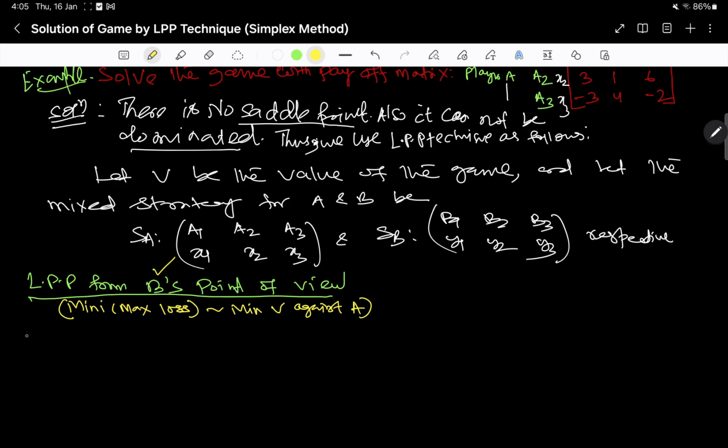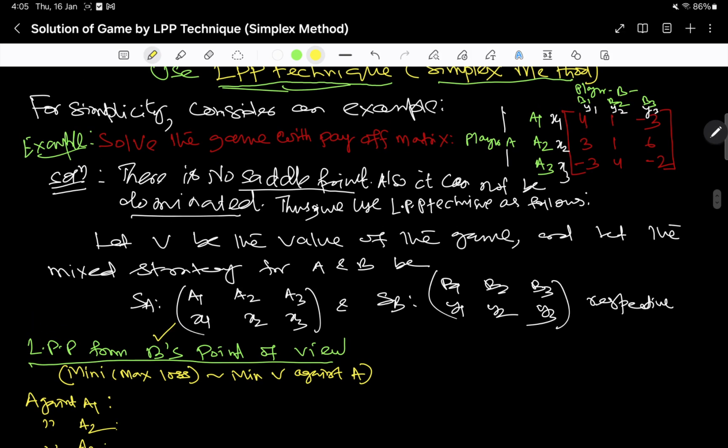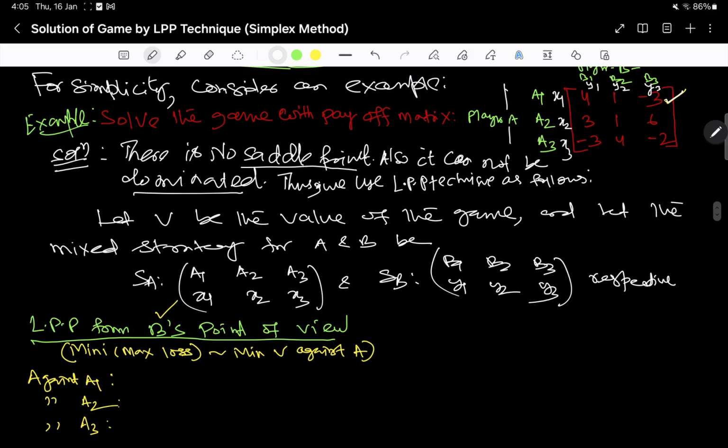Now against A1, against A2, against A3. So against A1, you see the first row. What is the constraint here? It is 4 times y1, plus 1 times y2, plus minus 3 times y3.